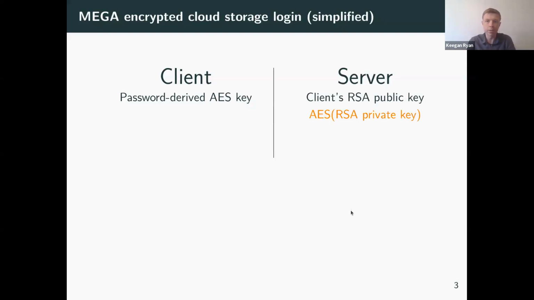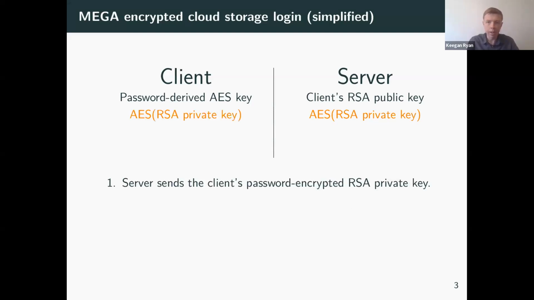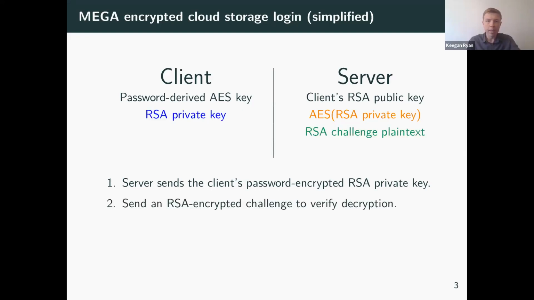So instead, the server stores an encrypted form of this key material. During the login process, the server sends the client's encrypted private key material. And then the client can use their password-derived key to decrypt it. Once the client decrypts it, then the server and the client do this RSA type challenge to verify that the client successfully decrypted the private key.